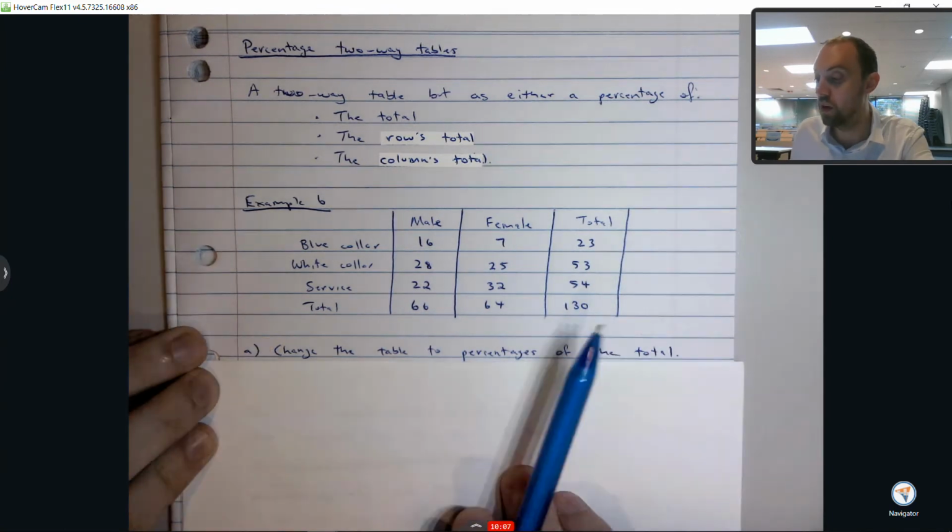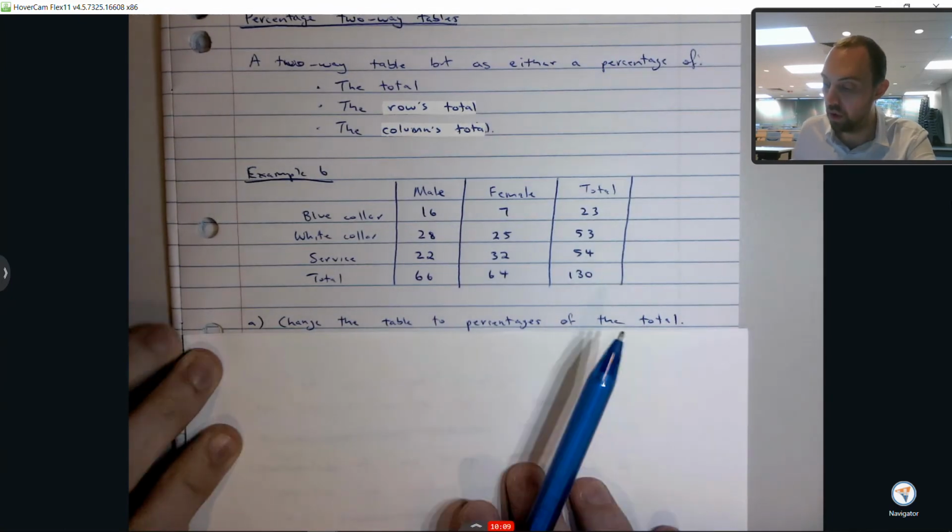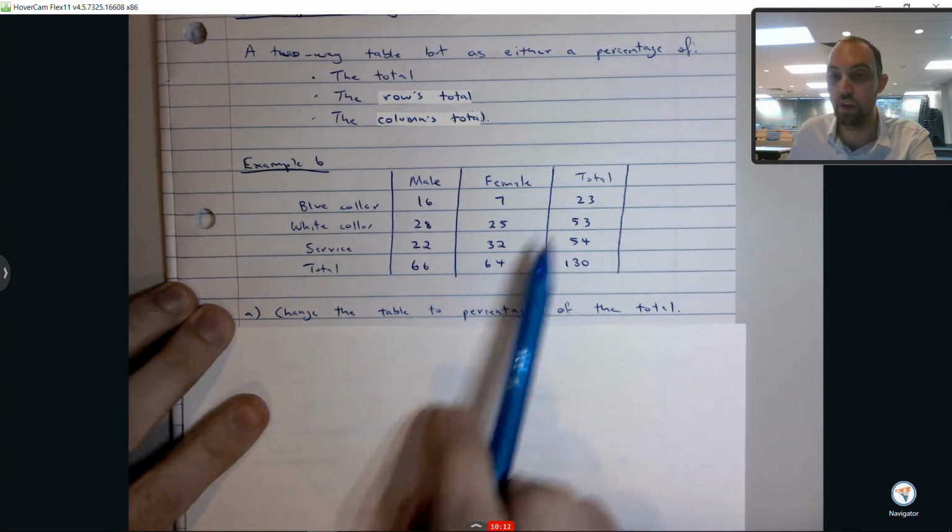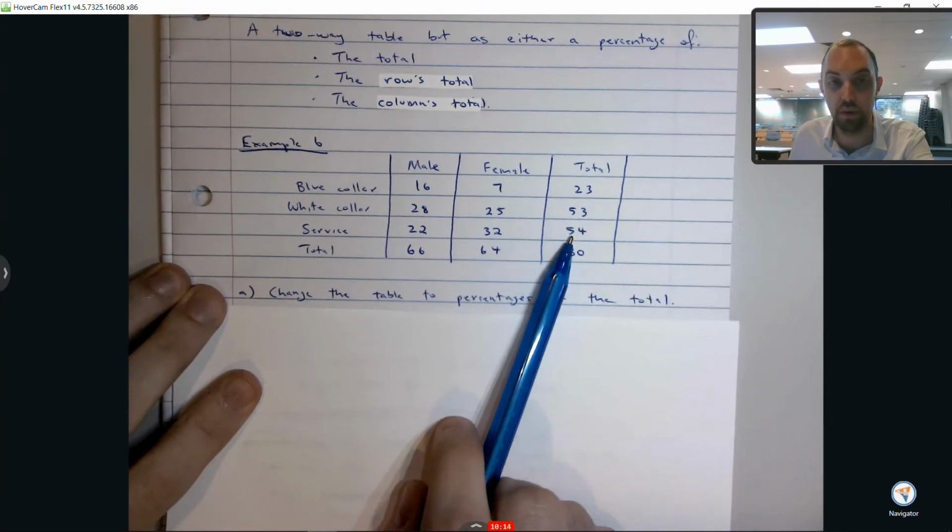Now that depends what the question's asking, or what condition we're given, that we're going to have to focus on these different totals in our two-way tables.